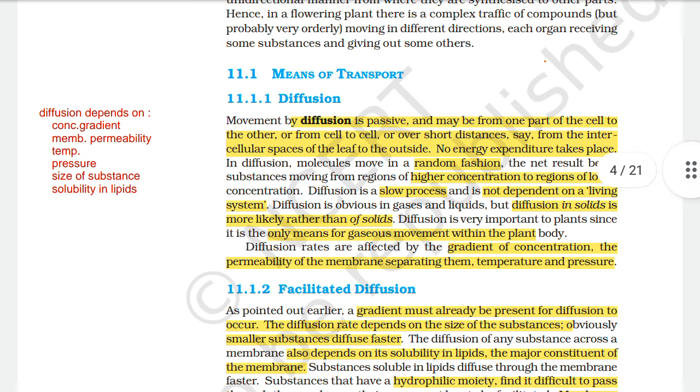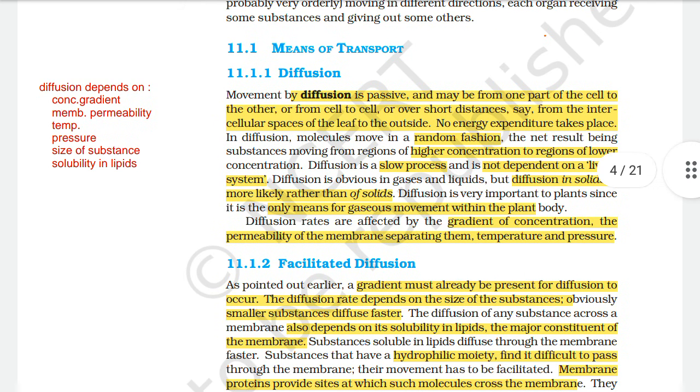Next, let's come to our very important topic, that is means of short distance transport. This is the very first and very important. So the first is diffusion. I have written here that diffusion depends on concentration gradient, membrane permeability, temperature, pressure, size of substance, and the solubility in lipids.